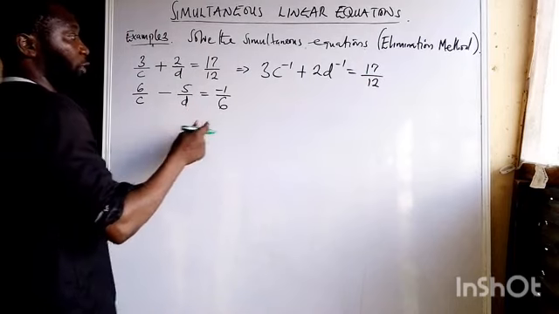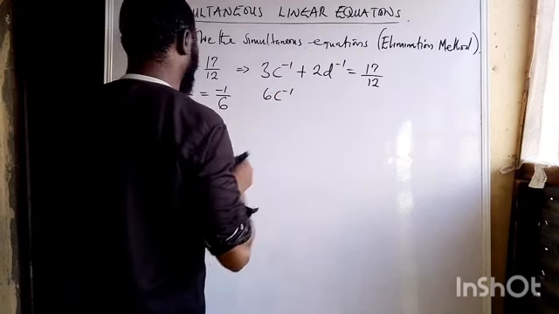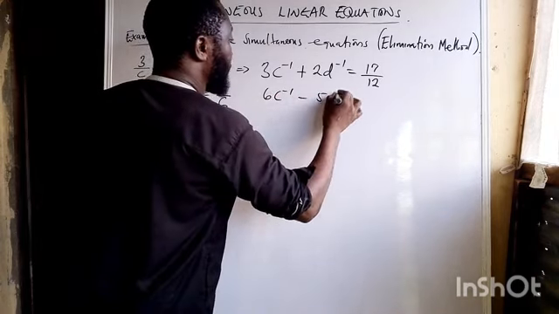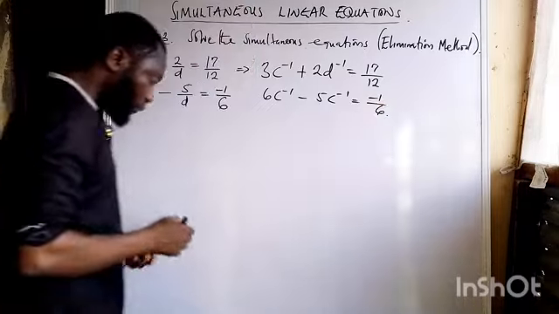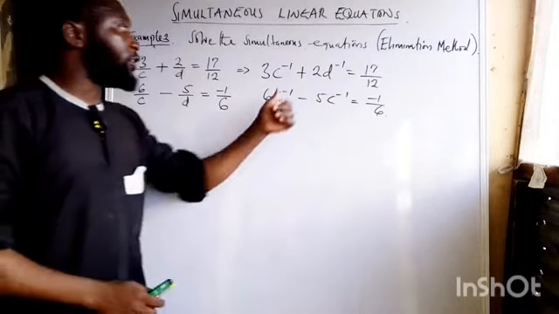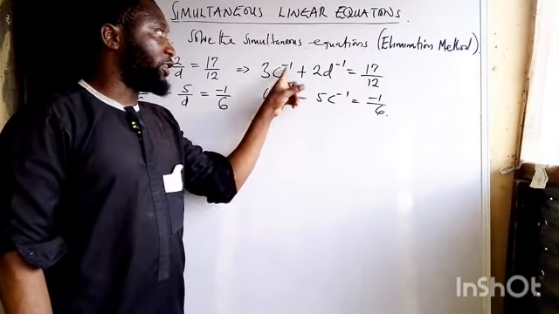Same thing with this. We can rewrite this as 6c to the power of -1 minus 5d to the power of -1 equals -1 over 6. So now this is not linear because the degree of this equation is -1.